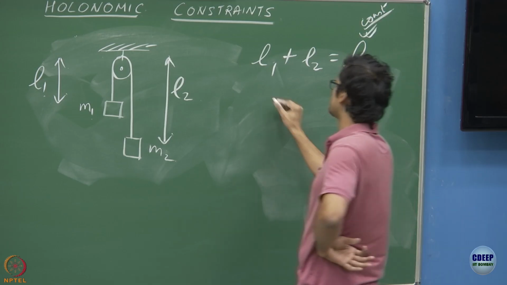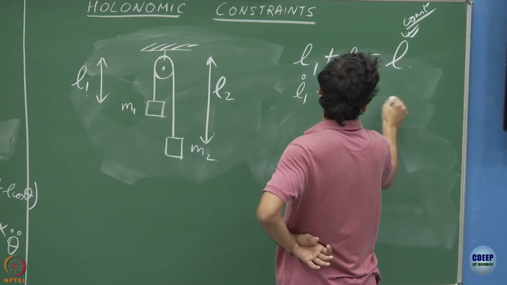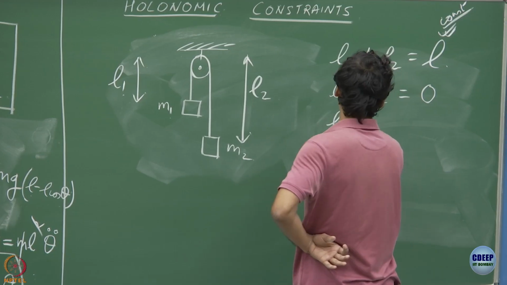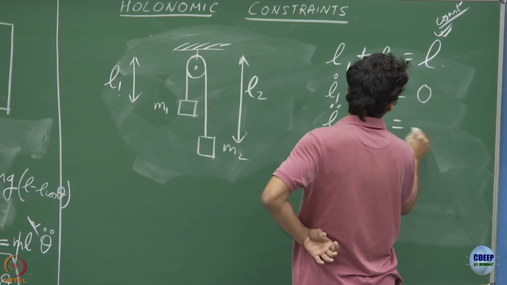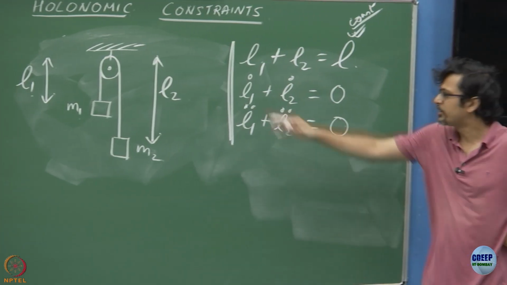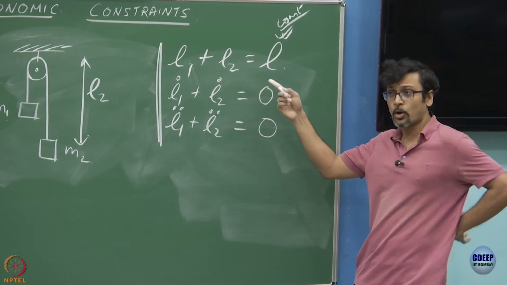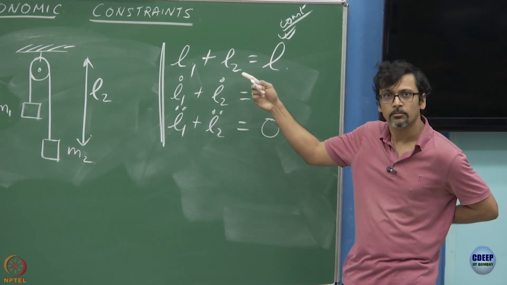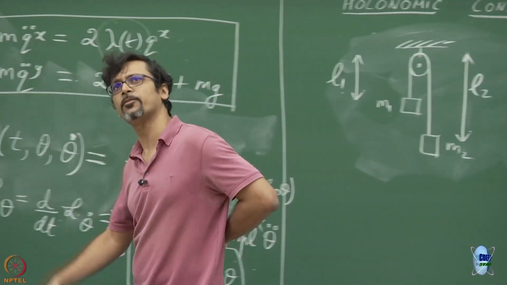The moment you have this, it's very easy to see that L1 dot plus L2 dot is equal to 0, and similarly L1 double dot plus L2 double dot is equal to 0. This is some work that you can already do before even touching this problem from the basic constraint itself. Okay, so I'm not going to use that lambda is what I'm saying, and I'm still going to be able to recover the exact same equation that you are familiar with.